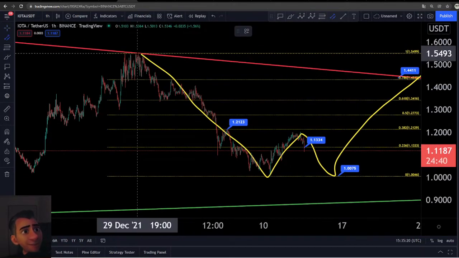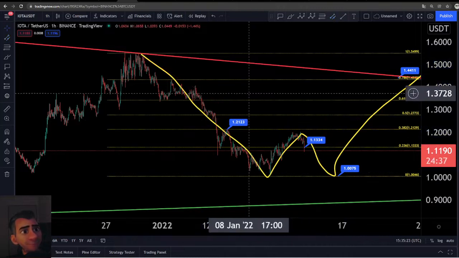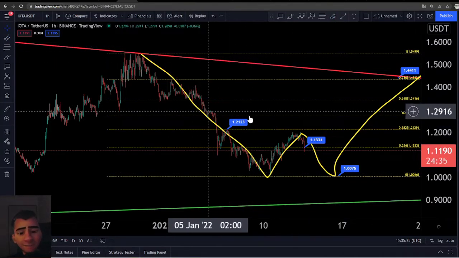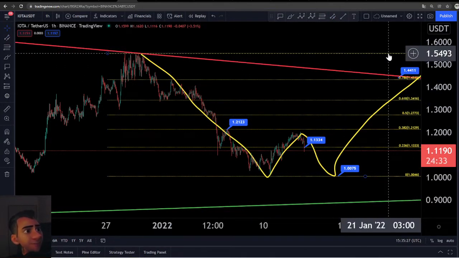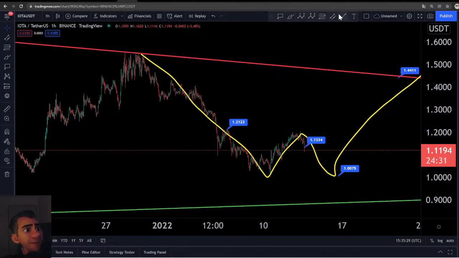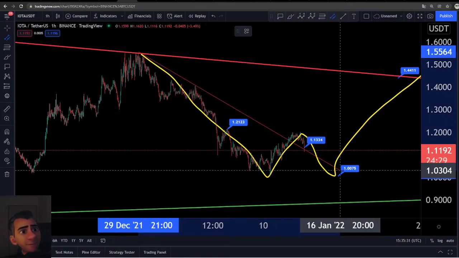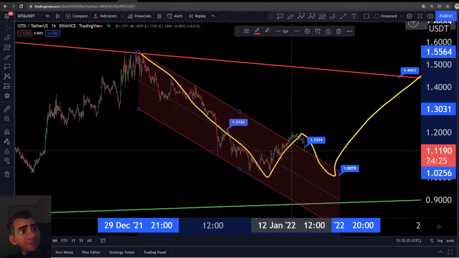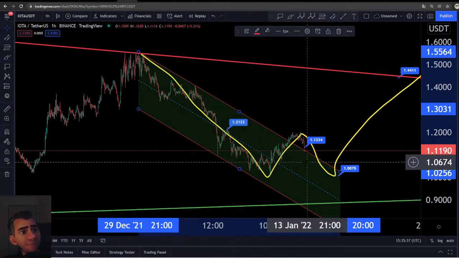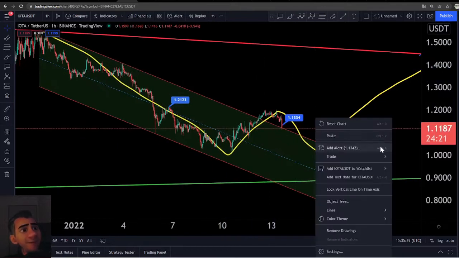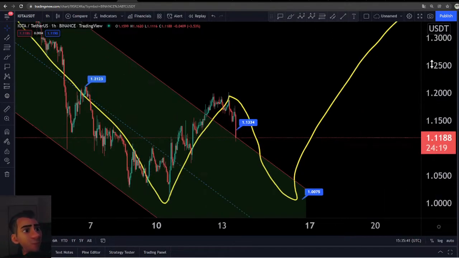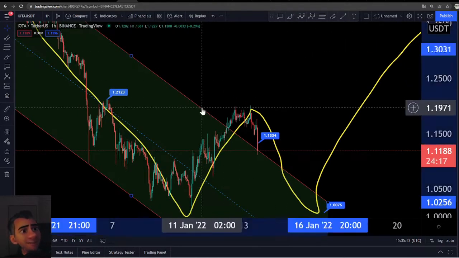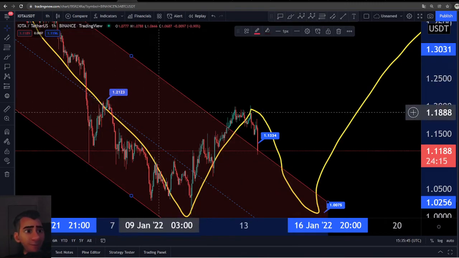If we are watching this one here, we can see the next stuff. Let's remove this Fibonacci. So if we are watching this one here, you can see, and that's an important thing for the moment. This could help us a little bit. Why? We saw here a parallel channel to the downside, this one on the 1 hour time frame.